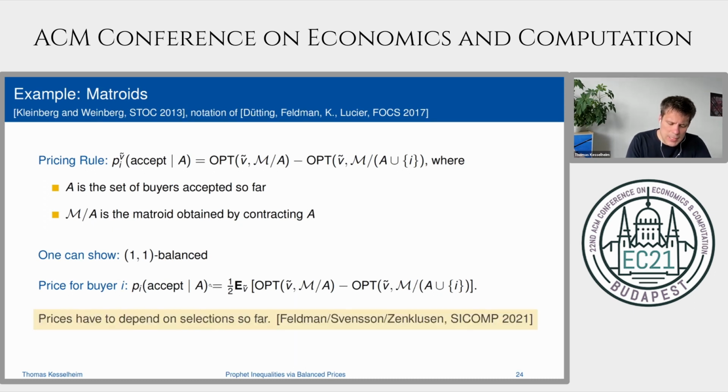And now what makes all of this pretty complicated is that the prices depend on the set of buyers that have been accepted so far. But as Feldman, Svensson, and Sandklusen showed in their paper on online contention resolution schemes, it turns out that these prices have to depend on what you accepted so far, and you cannot do without this.